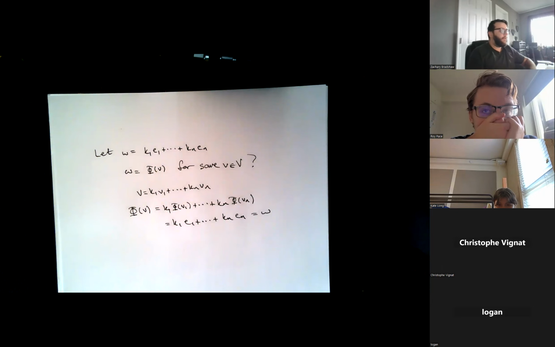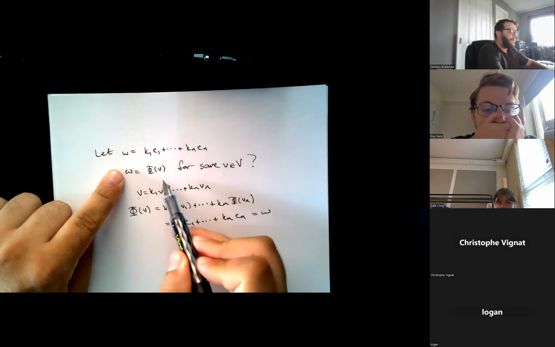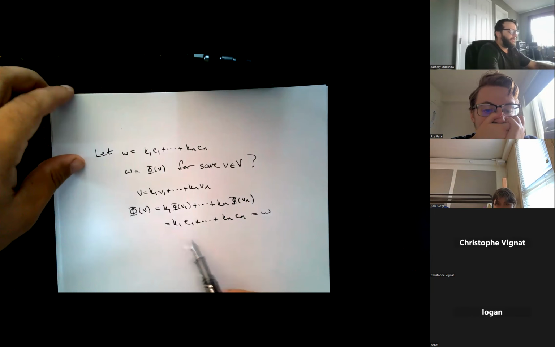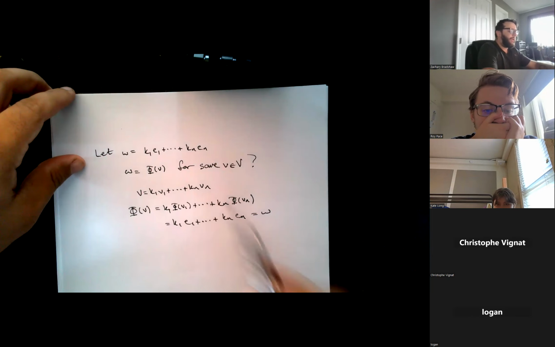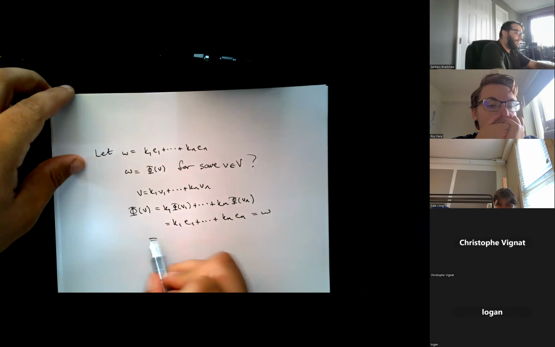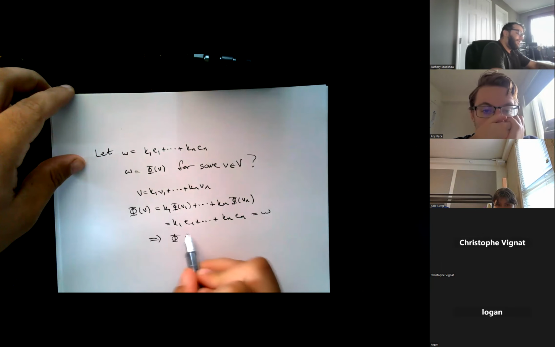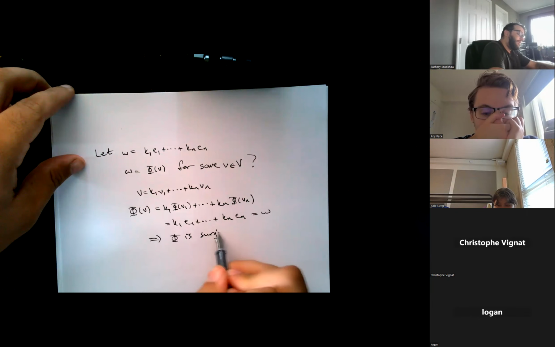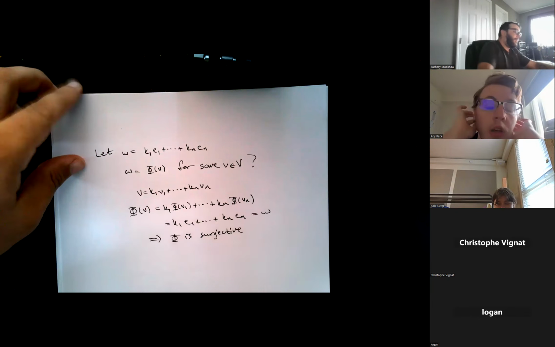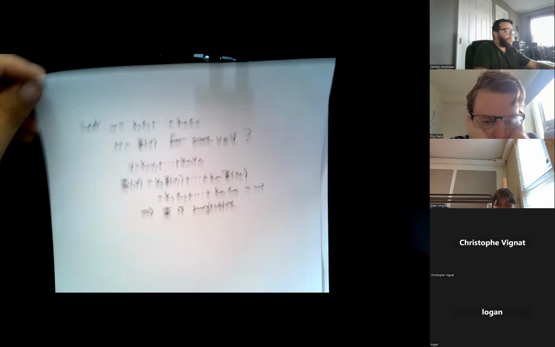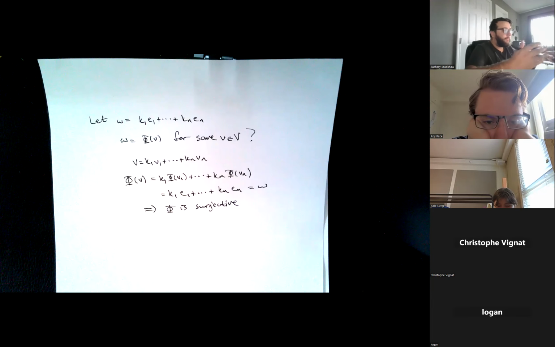Okay. So can we write w as phi of something in V? And the answer is yes. You define v this way and you get w. And so this implies that phi is surjective. Okay, so phi was linear by construction.